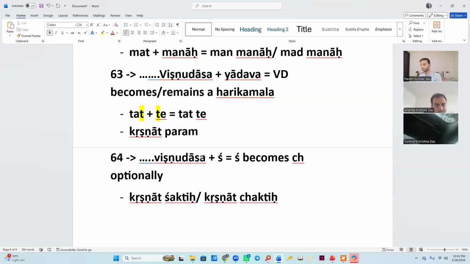And one more question I have on 63 is, let's say if there was that K, so then it would have become Tatte. You're saying if it was Tat and Te like this?